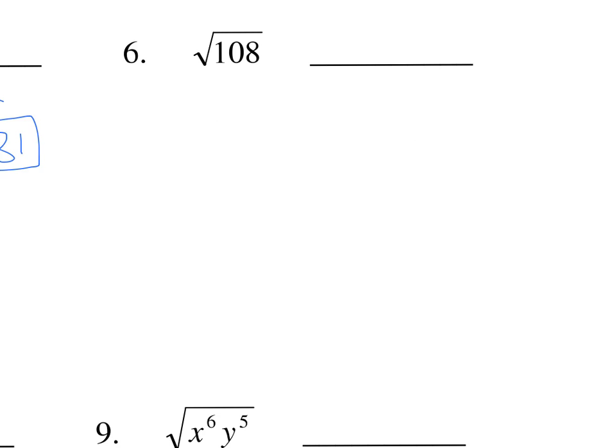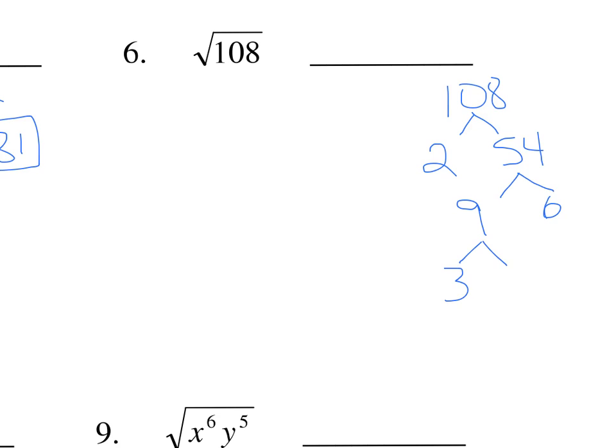All right, for number 6, I have 108. So I'm going to put 108 onto the tree and see if I can find some prime factors here. I know it's divisible by 2, and that would give me 54. And I know 54 is 9 times 6, so I can separate those down into their prime factors.